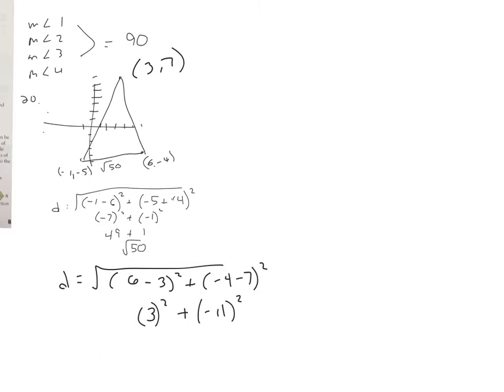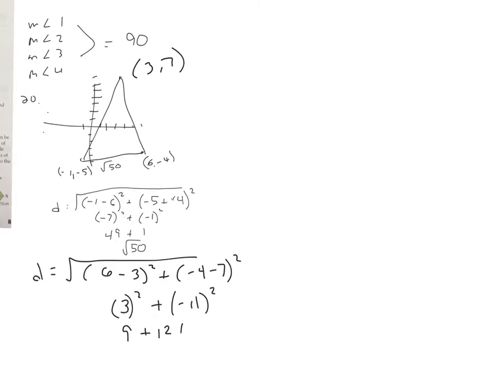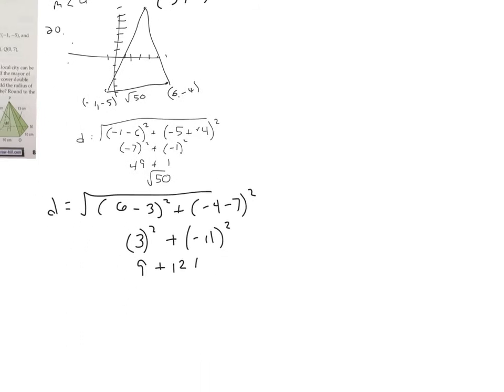Notice again I put -11 in parentheses. 3 squared is 9. -11 squared is 121. So the distance between these 2 points then is going to be the square root of 130.